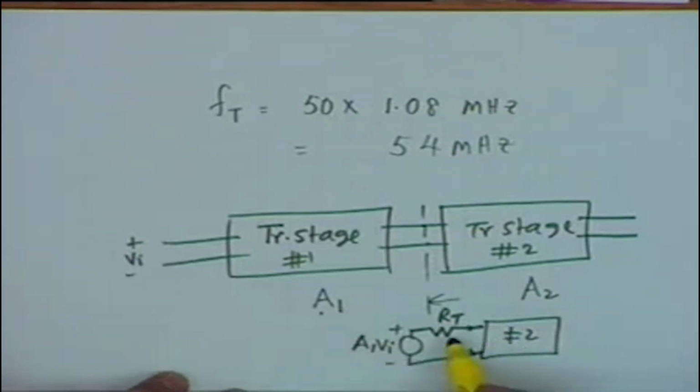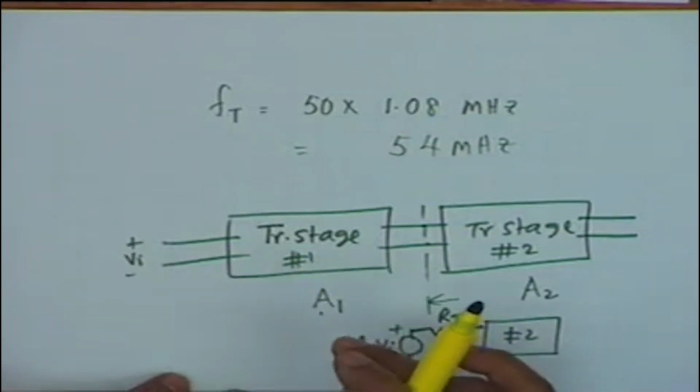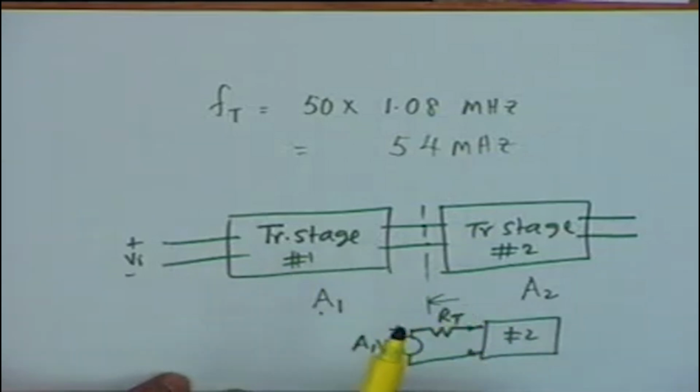There will be a potential division between RT and perhaps R pi if it is a common emitter transistor, and therefore in calculating the gain of cascaded stages one has to be particularly careful, and we shall take a fairly elaborate example to illustrate this.